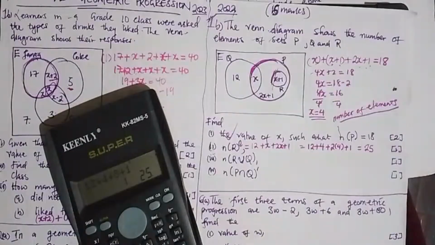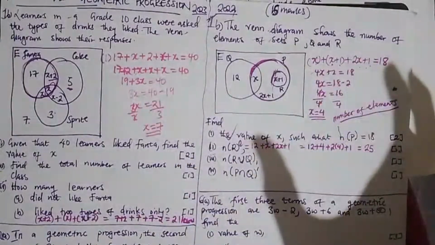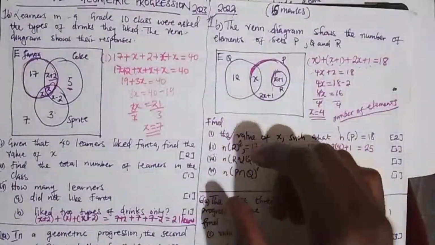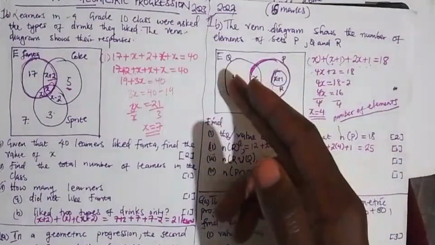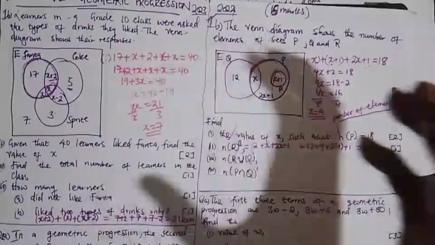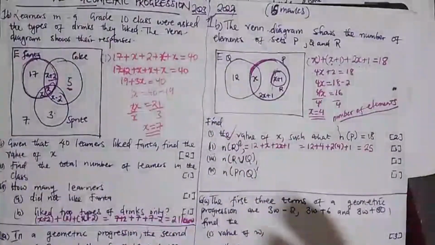Then moving on to question 2. Question 2 is saying number of elements in R union Q. So whenever you see union, they are telling you to combine the elements.